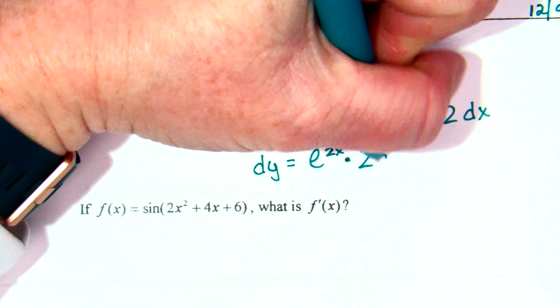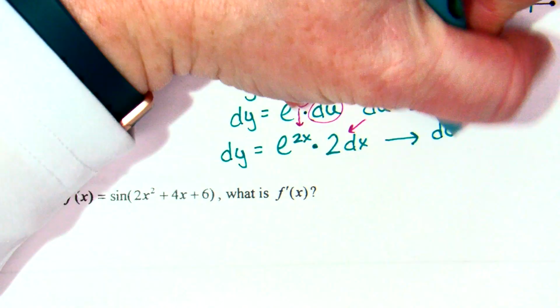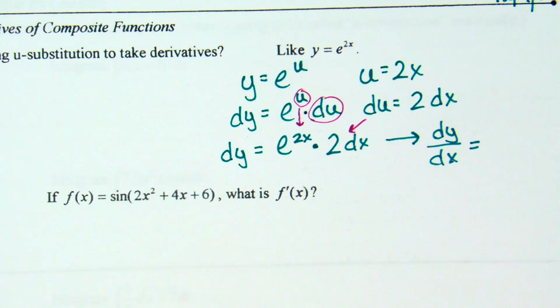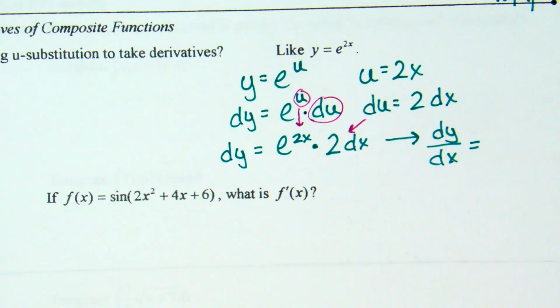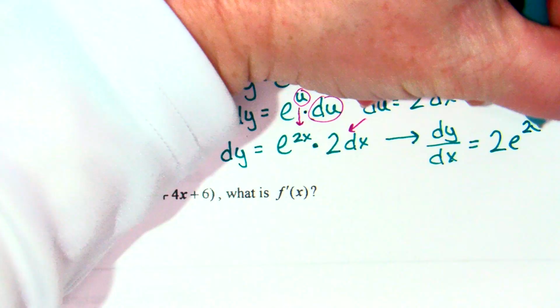We're trying to find dy over what? Dx. So if we clean this up, divide the dx over to be with the dy. dy dx is going to equal what? Okay. 2e to the 2x would be our most cleaned up version.